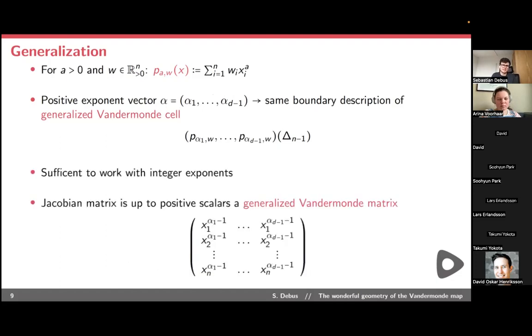And why is this the case? Because first, the derivatives of those generalized sets, the partial derivatives and then the gradient, are fairly simple again. And what we have in the end is a so-called generalized Vandermonde matrix. Since we work here with the probability simplex, we care about elements contained in the non-negative orthant or positive elements.